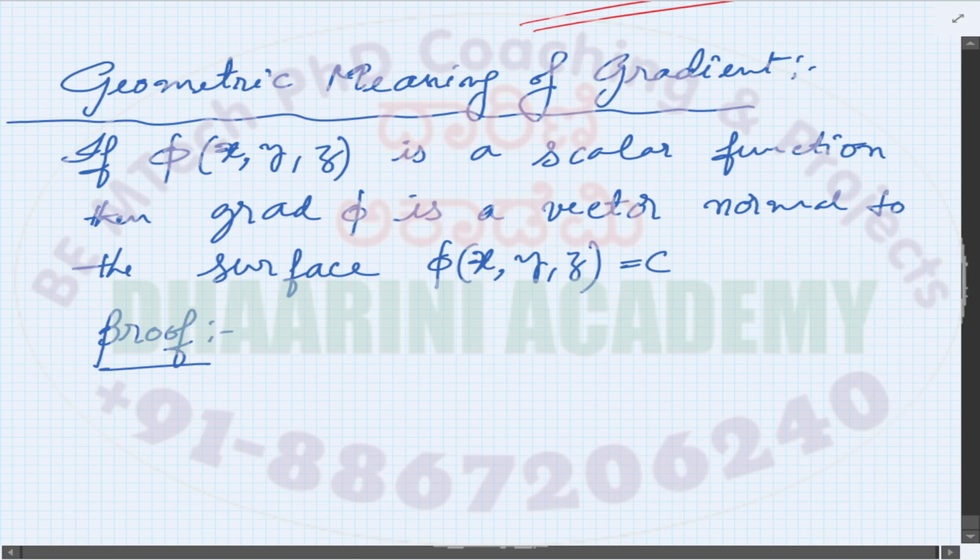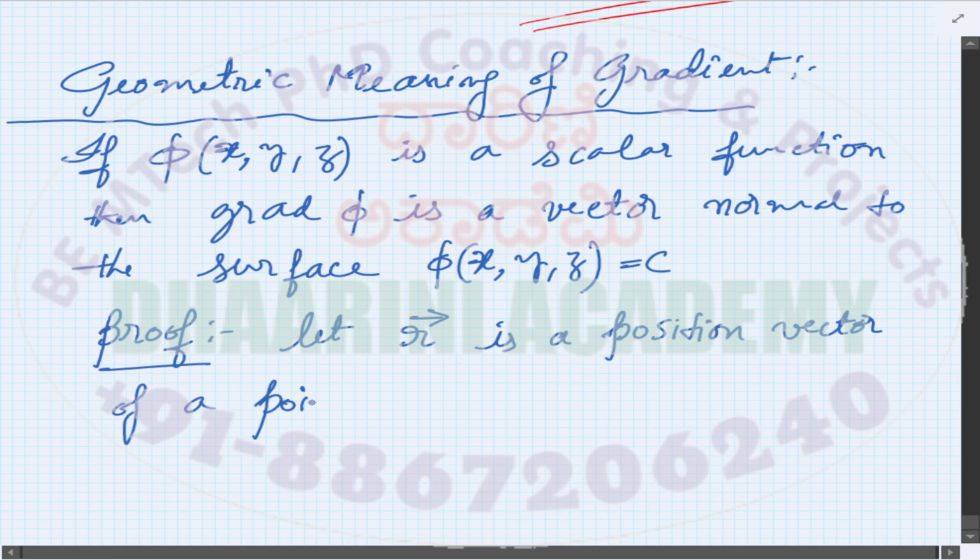This is the proof. We'll start with the statement that let there be a vector r, a position vector of a point.